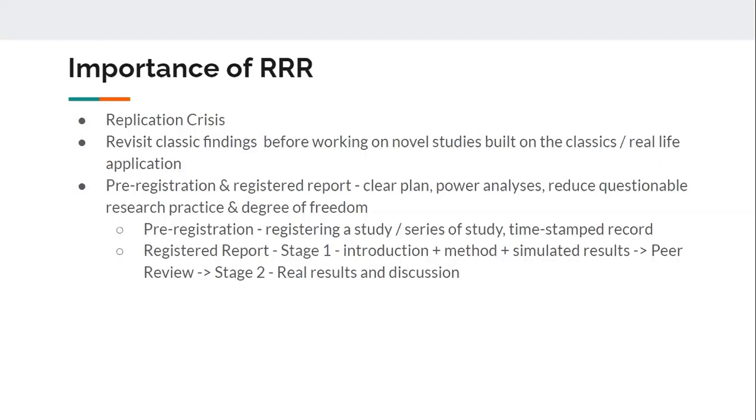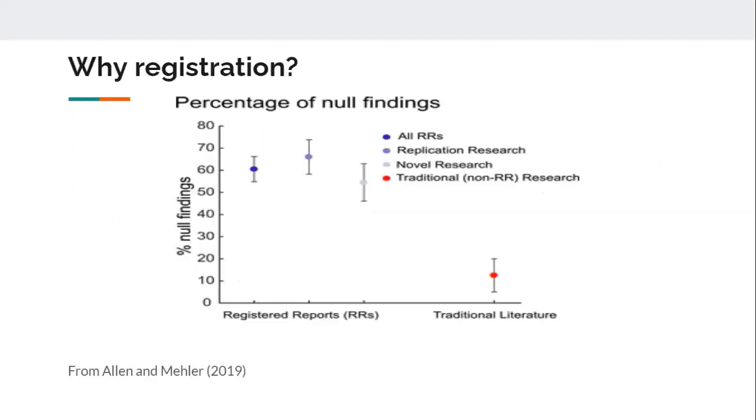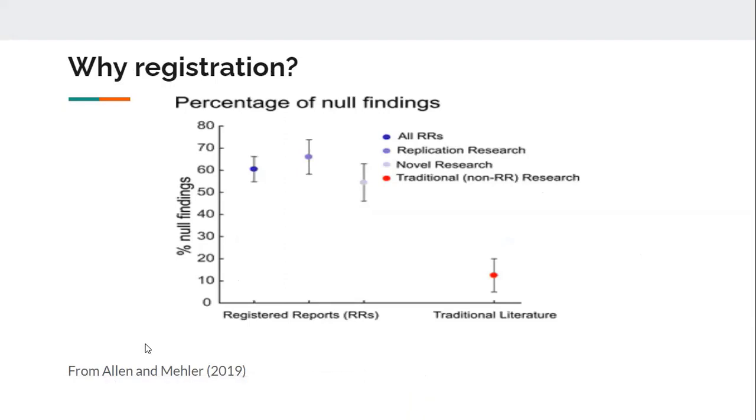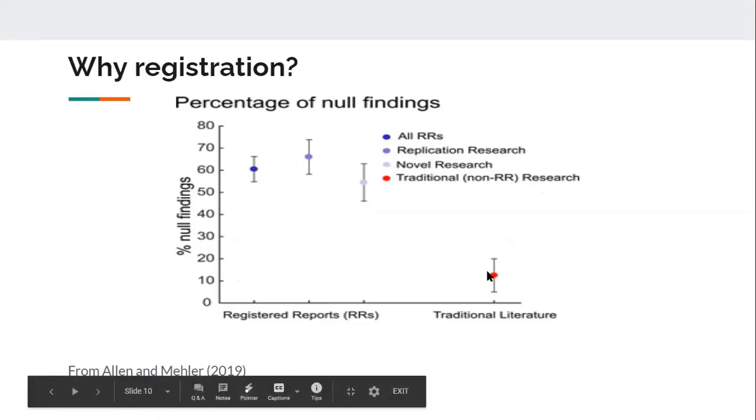So some manuscripts you assess use the pre-registration format and some use the registered report format. So why registration? As you can see from the plot here, from Allen and Mella, the percentage of null findings in registered reports is much higher compared to the traditional literature, which is around 10 percent here.